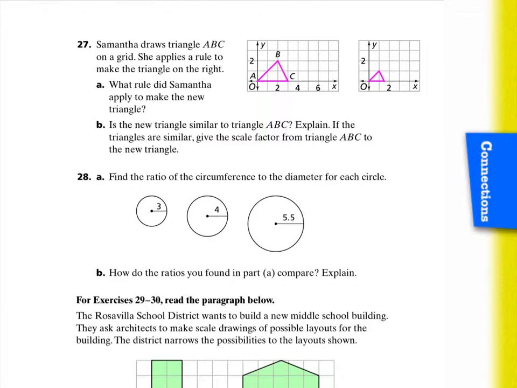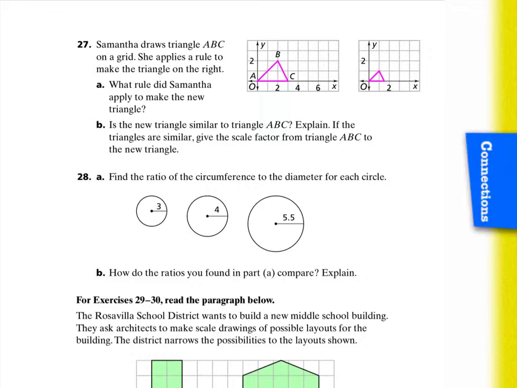Okay, number 27 asks, Samantha draws triangle ABC, which is over here, on a grid. She applies a rule to make the triangle on the right. A asks, what rule did Samantha apply to make the new triangle? So let's count the units here.